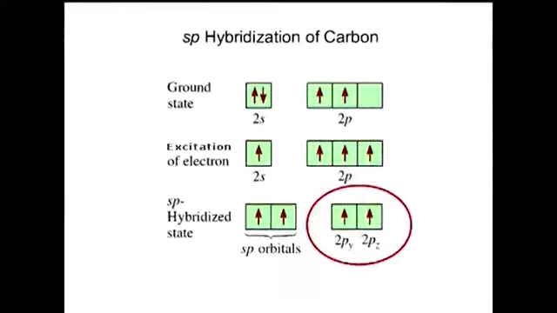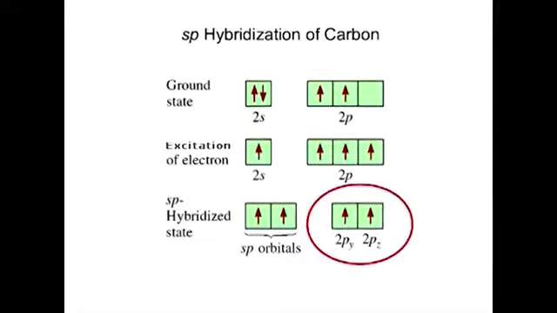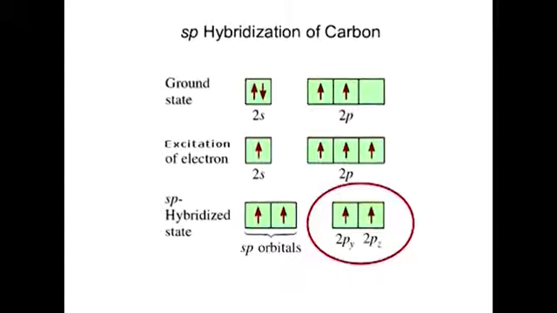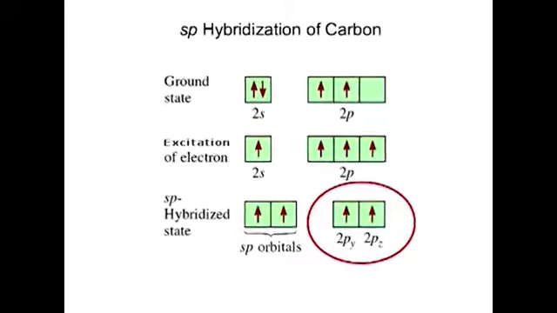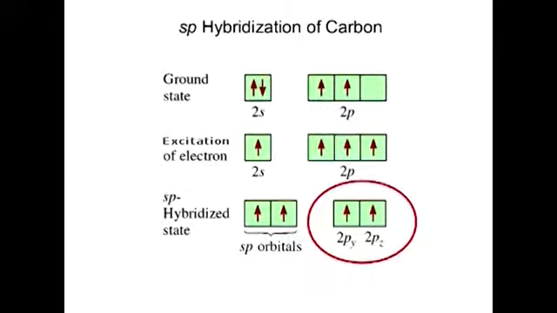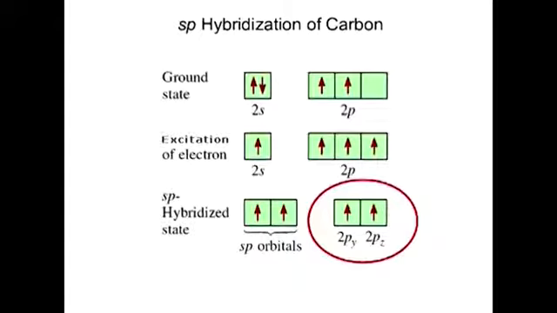Next, sp hybridization of carbon. In the bonding of a carbon atom with two other atoms or groups, it always uses sp hybridization. The carbon atom is in excited state as narrated previously, and the s and one of the p orbitals mix, forming two sp hybrid orbitals.